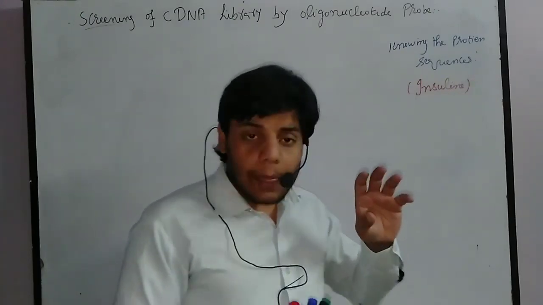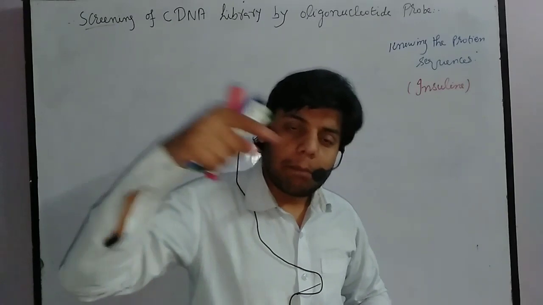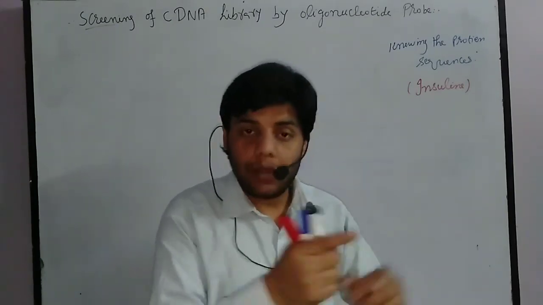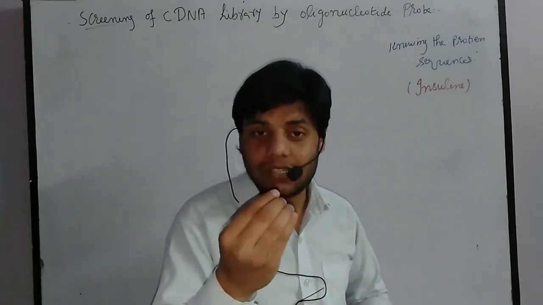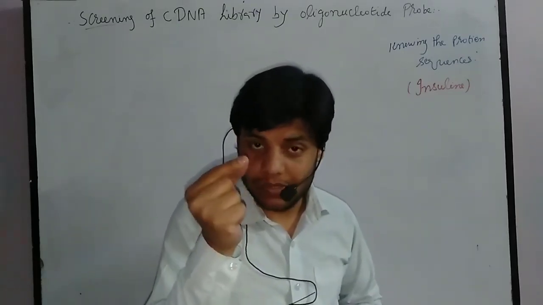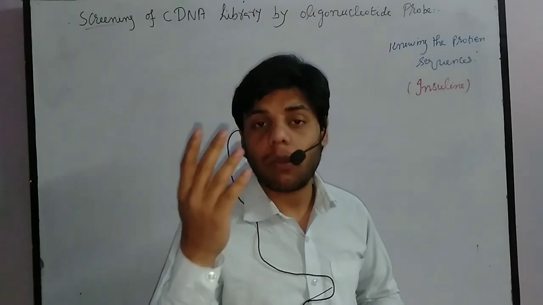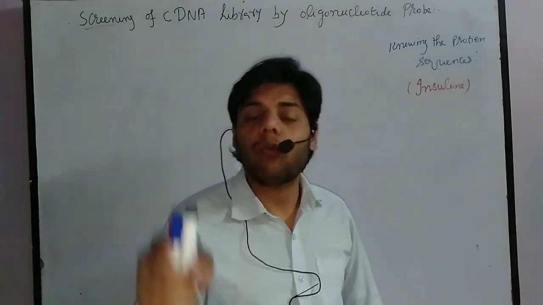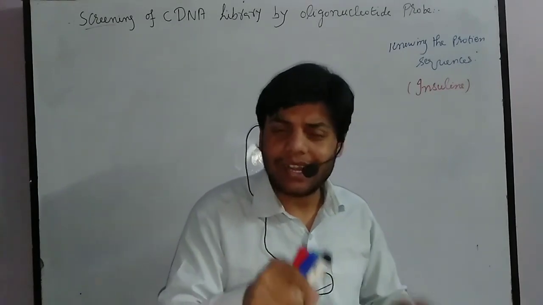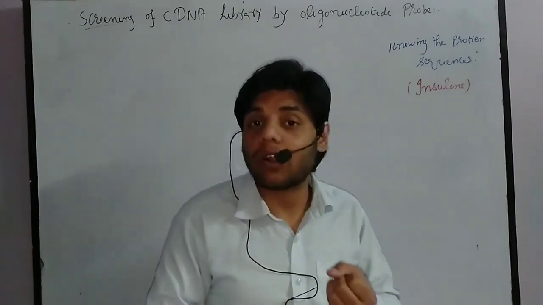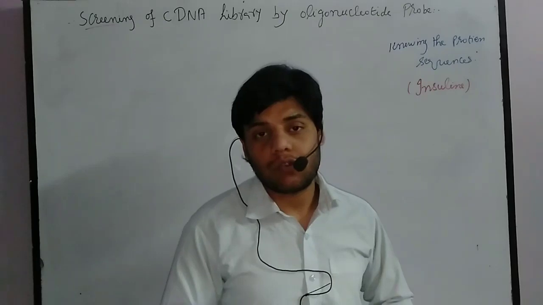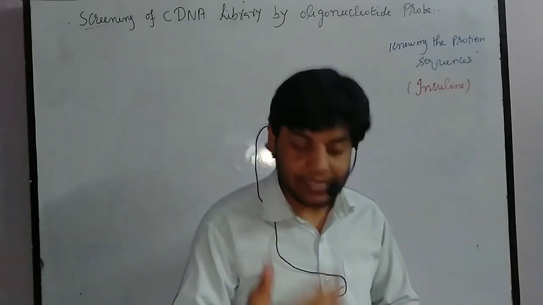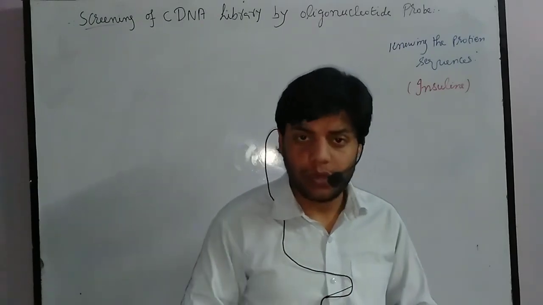We apply it on the colonies, and if any colony catches it and shows some signal in the form of color or fluorescence, then that colony contains the bacterial cells which carry your target DNA having the gene of interest. Now how exactly do we perform this process?